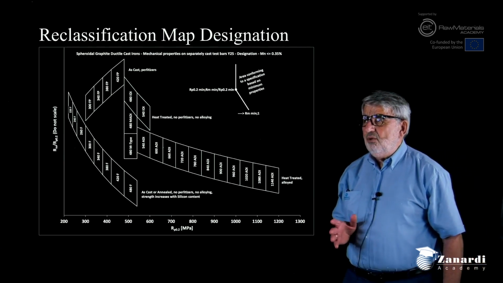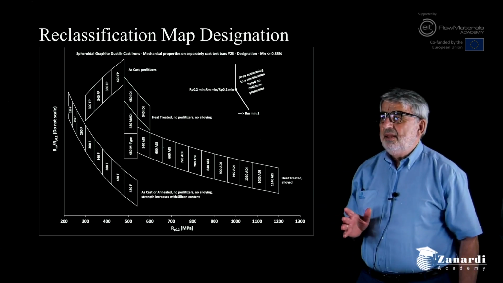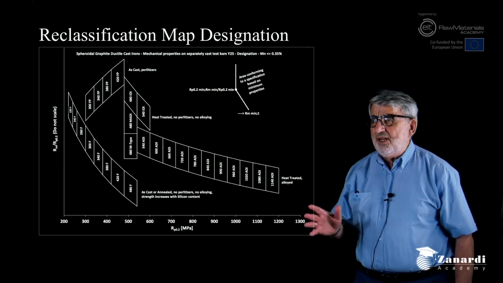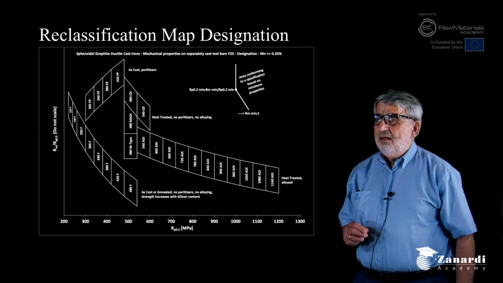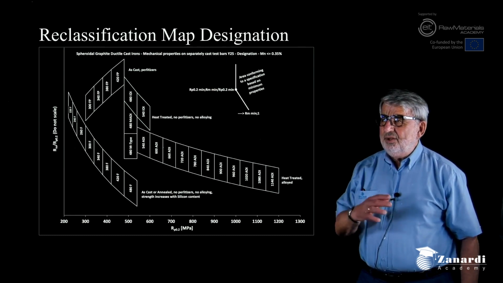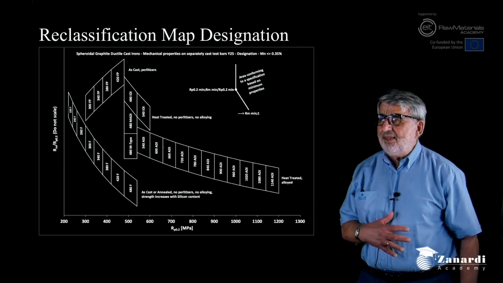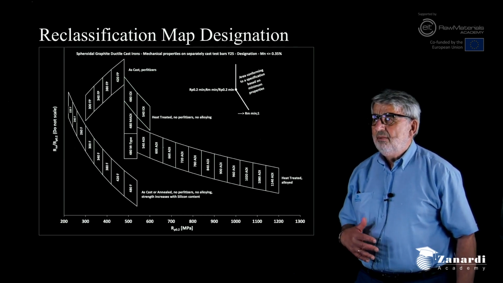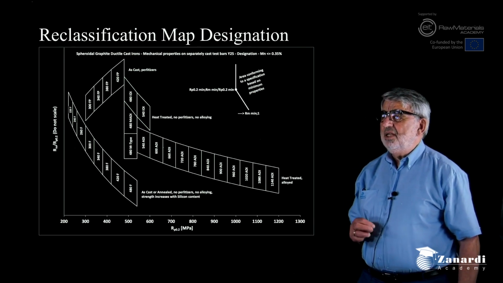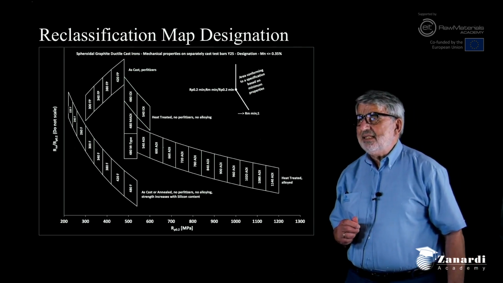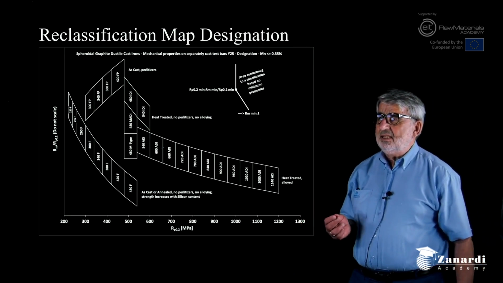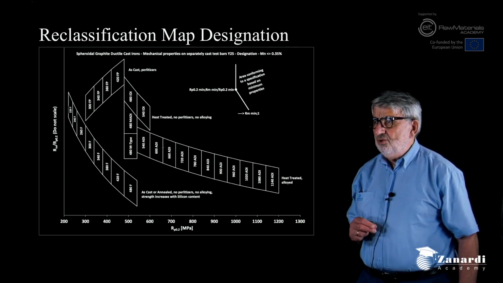And for this we consider the two main metrics that are needed by the designer. On the horizontal you see the yield strength, Rp0.2, and on the vertical coordinate you see the strength ratio, that is the ratio between the ultimate tensile strength and Rp0.2.